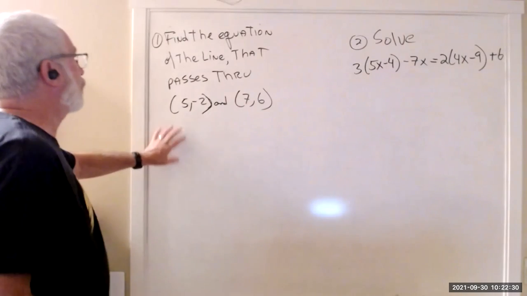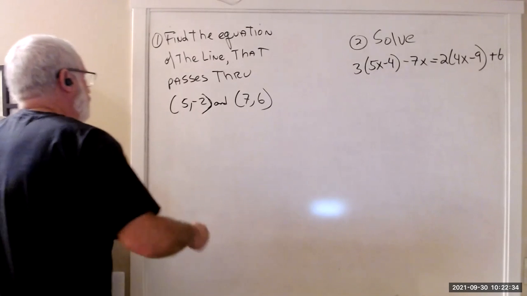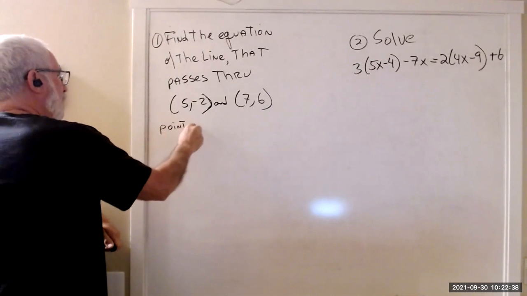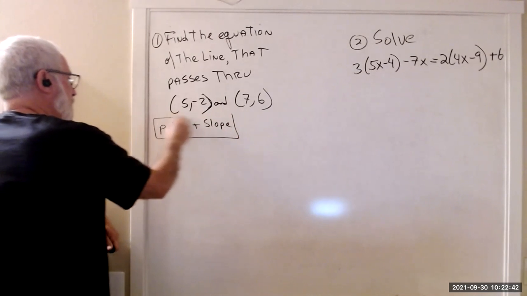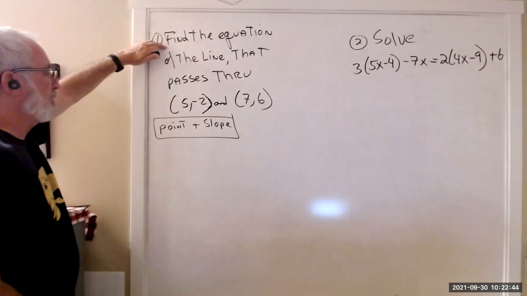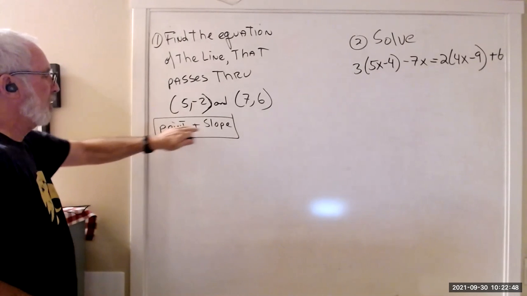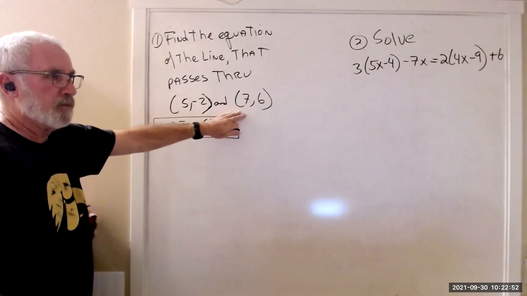Okay, so let's go back over here, find the equation of a line. I need 2 things. I need a point and I need a slope. Always, when it says find the equation of a line or determine the equation of a line, you need a point and a slope. Well, I got points all over the place.